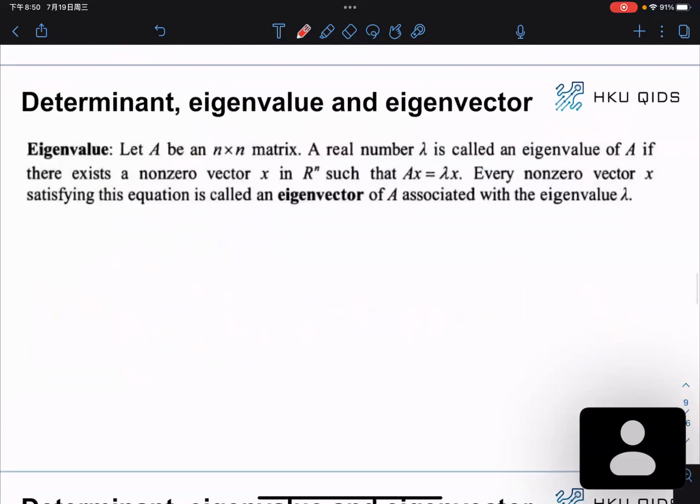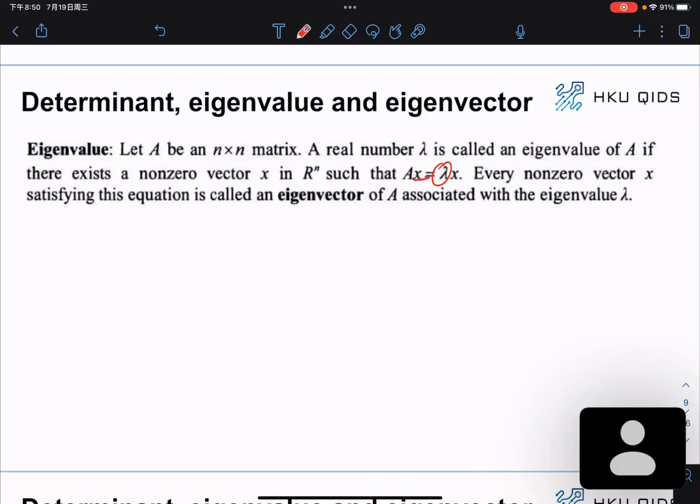And now let's discuss eigenvalue. So if A is an n multiplied by n matrix, a real number lambda is called an eigenvalue if there exists a non-zero vector x in R^n space such that Ax equals lambda x. Okay, and this lambda is going to be called the eigenvalue, and this x is going to be called the eigenvector.